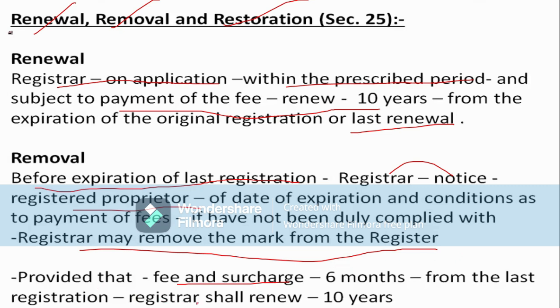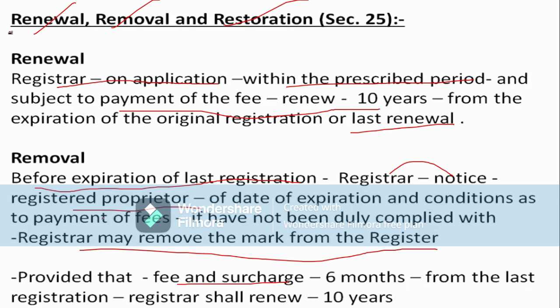After the expiration, with the fee and surcharge, within 6 months of the expiration of the last registration, the registrar, on receiving the fee and surcharge, will renew for the next 10 years. So this is about the renewal and removal.